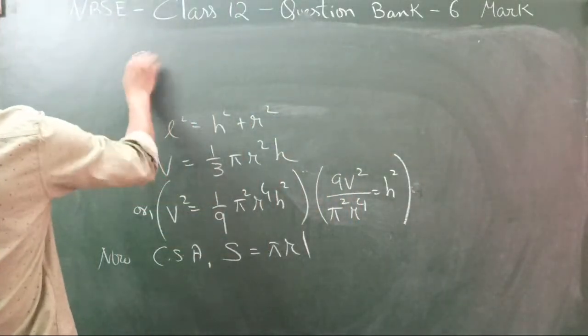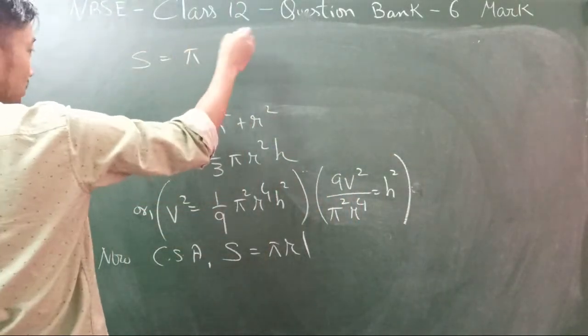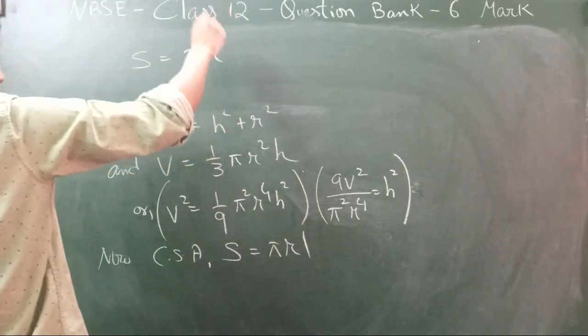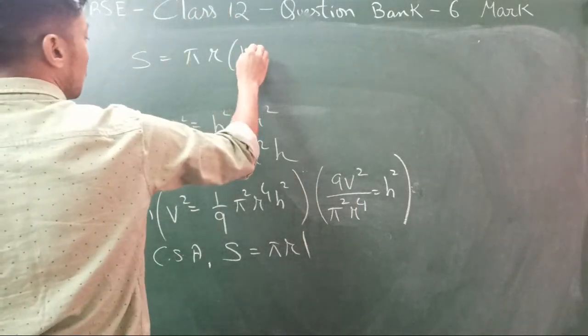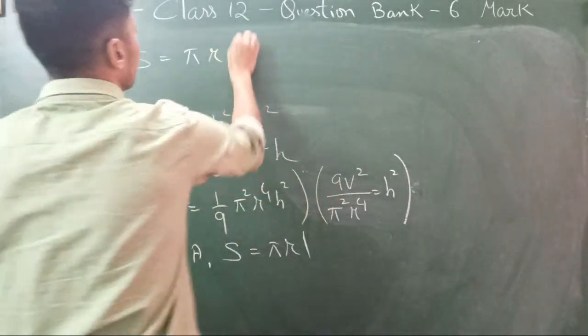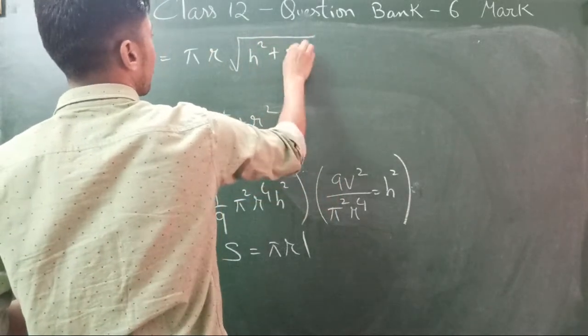S will be equal to pi R L. What was the value of L? That will be root over of H square plus R square.